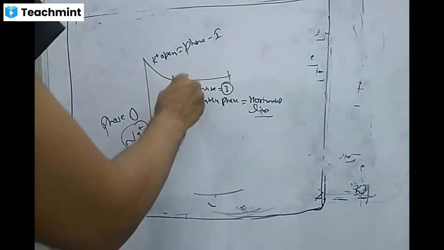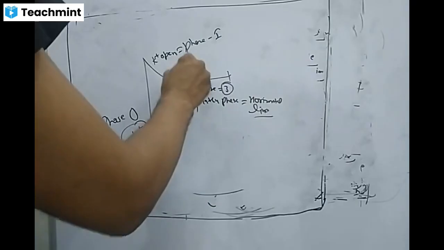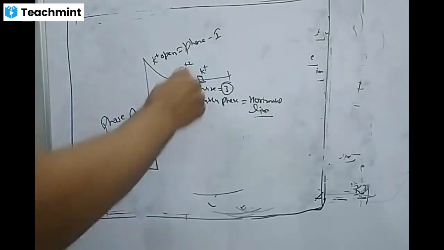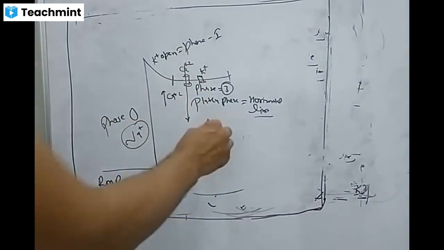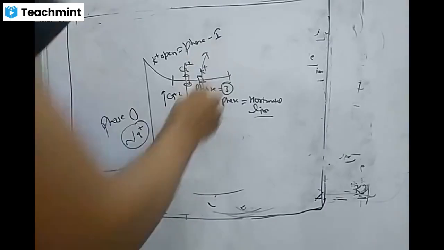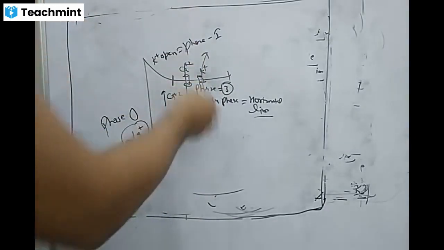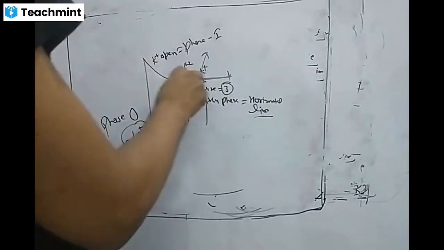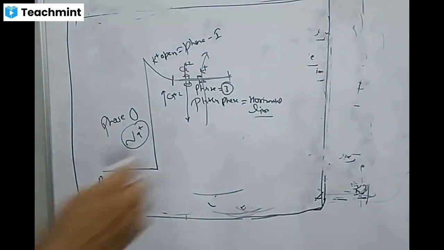At this point, two channels are open, one is calcium, one is potassium. Calcium comes from outside to inside, potassium goes out. So positive charges are coming in and positive charges are going out. Things remain constant. The plateau phase overall remains stabilized.